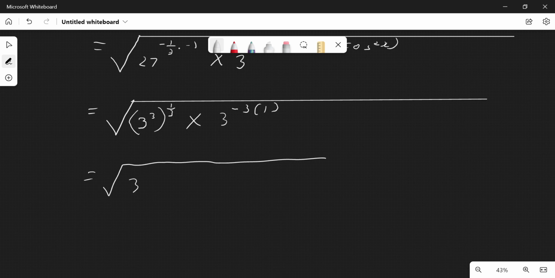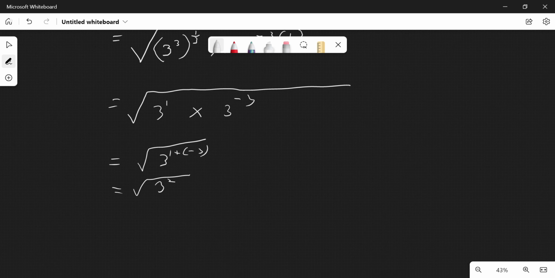So 3 times 1 over 3 is obviously going to be 1, right? Times 3 to the power minus 3, and that gives us a square root of 3 squared, and that gives us 3 and 2 over 2, which is equal to 3.